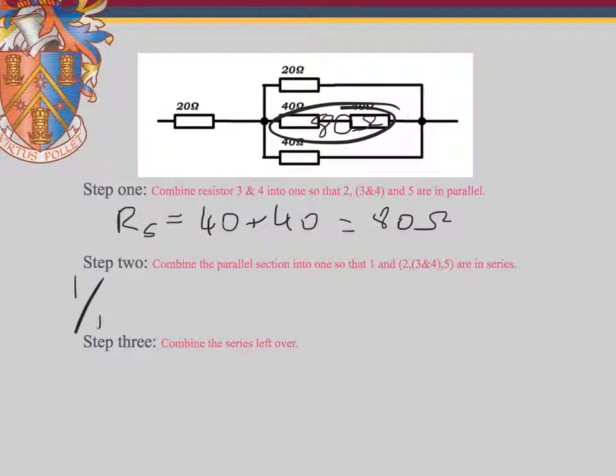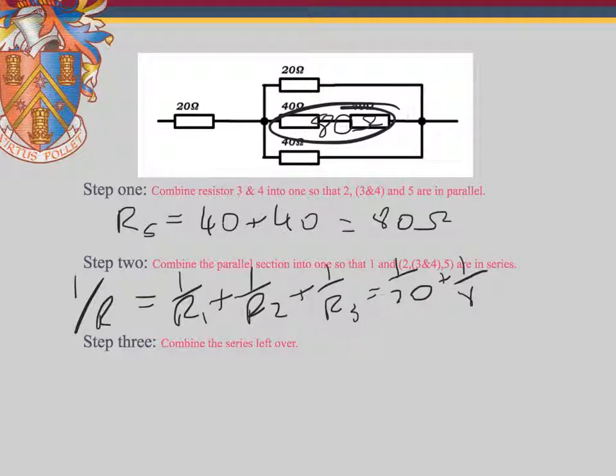So we do 1 over R total is equal to 1 over R1 plus 1 over R2 plus 1 over R3. So that equals 1 over 20 plus 1 over 80 plus 1 over 40.